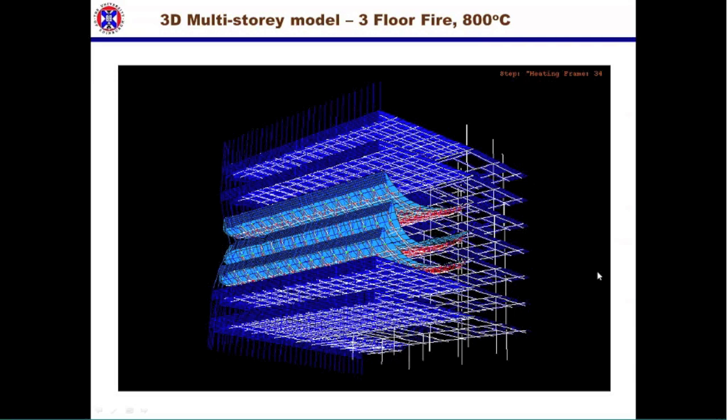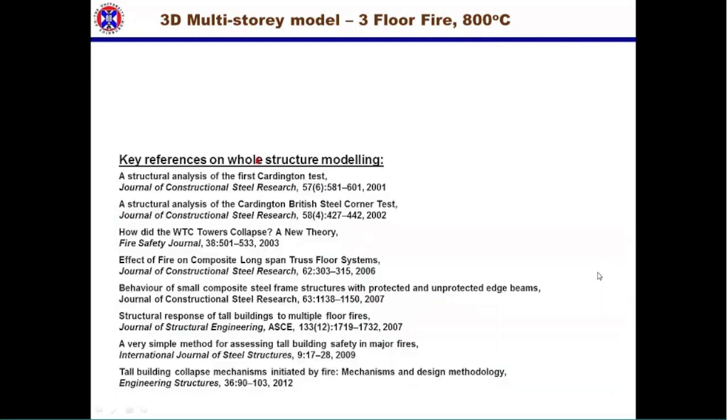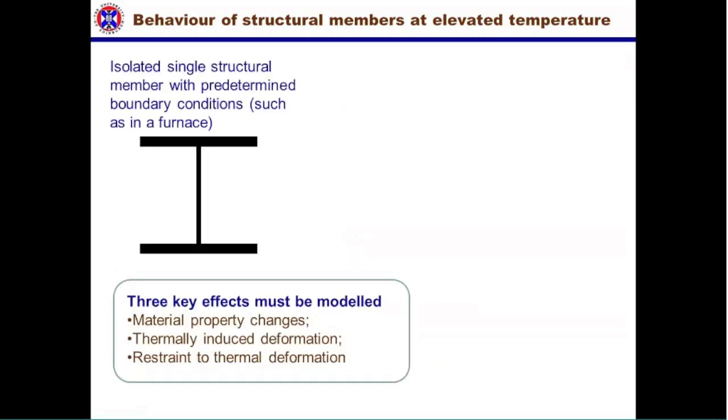So in a sense, that kind of restored our faith in the work that we had done before in Cardington, because the models clearly showed what happened in Cardington as well. So a lot of this work can be found in references on whole building, whole structure modeling here.